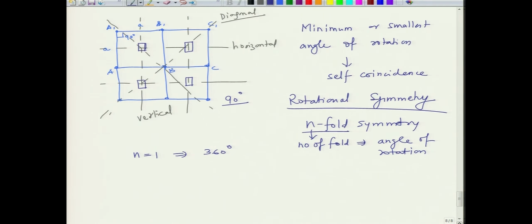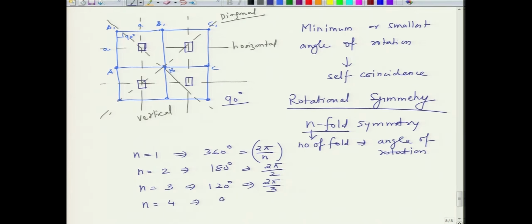Basically it is a rotation by 2 pi divided by n. n equal to 2 will mean 180 degrees, which is 2 pi divided by 2. n equal to 3 will mean 2 pi divided by 3, that is 120 degrees rotation, and n equal to 4 will mean 90 degrees, n equal to 5 will mean 72 degrees, and n equal to 6 will mean 60 degrees.